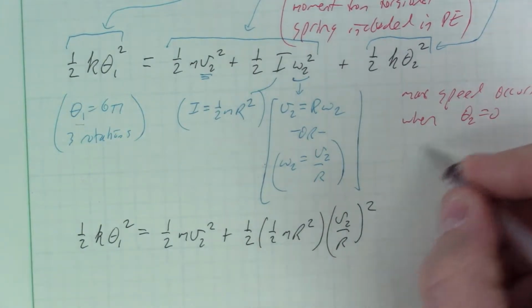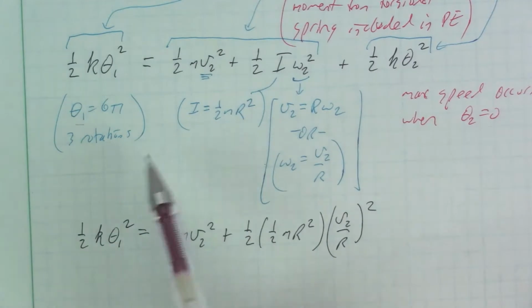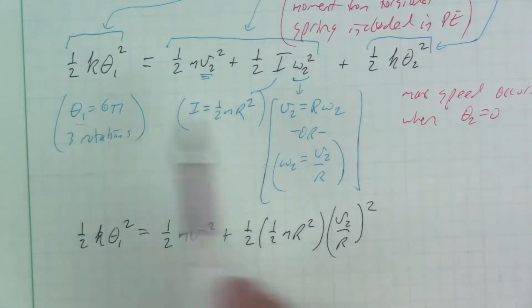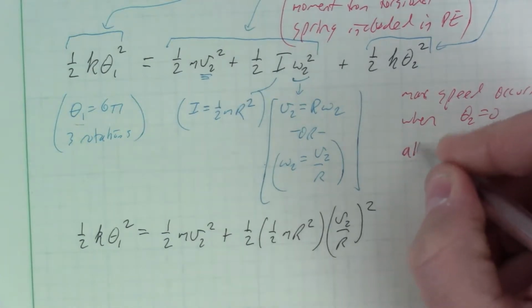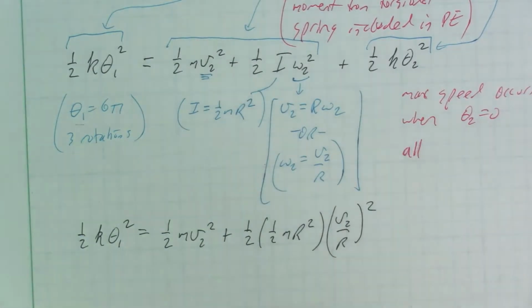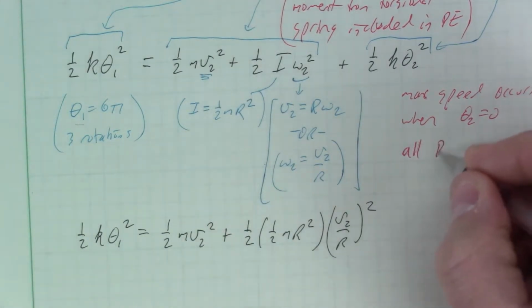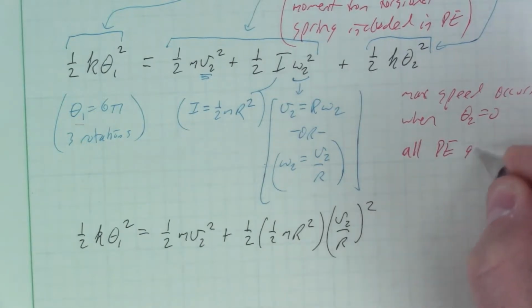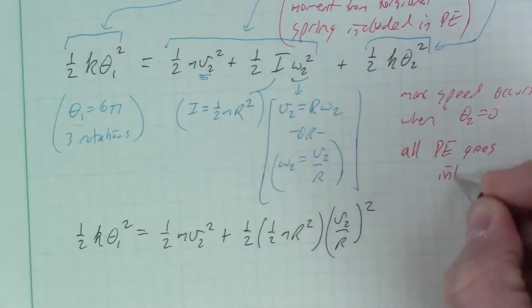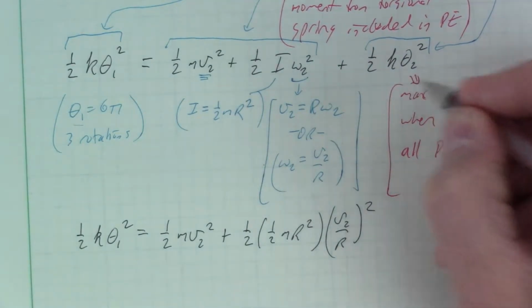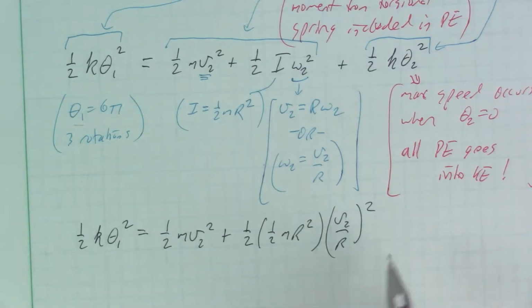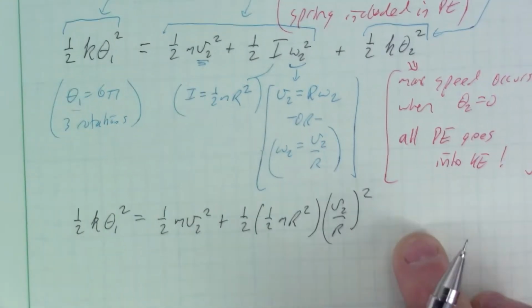That means that we've now gone from pure potential energy to pure kinetic energy. We're not storing any more potential energy in the torsional spring. It's all gone to kinetic energy. All potential energy goes into kinetic energy. And that's why we have nothing over there, right?